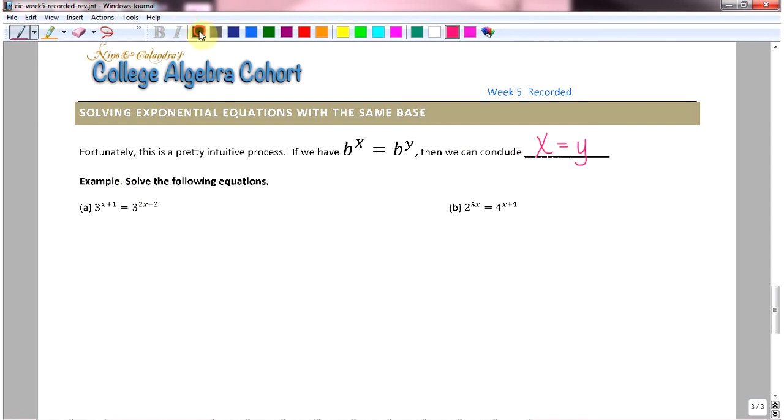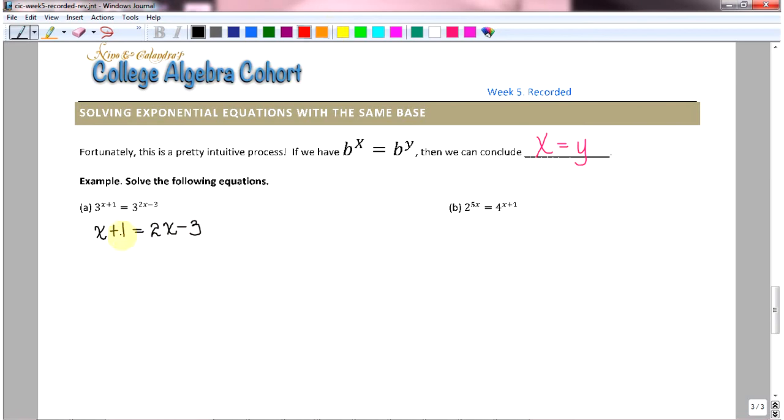Let's solve these equations in our example. We have 3 raised to the x plus 1 equals 3 raised to the 2x minus 3. Since the bases are the same, that means the exponents must be equal. Now we have a simple linear equation that we know how to solve.